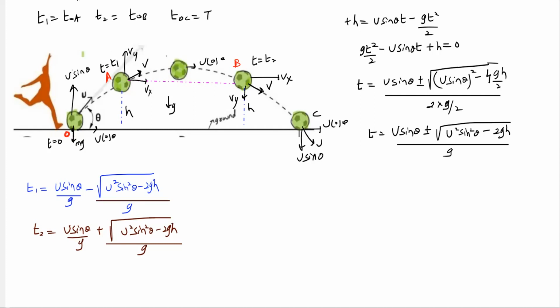There are two times. We'll add up these two times. So what is happening? The projectile will be at the same height at two different instants of time. Right? And what are those times we are having? This one. We'll add up these two. What do we get? T1 plus T2. T1 plus T2 means I should add up these two.